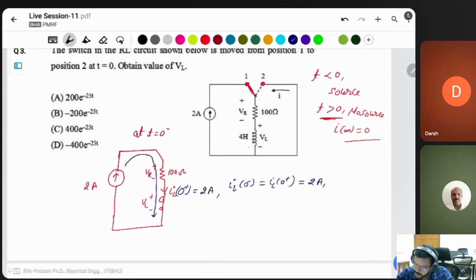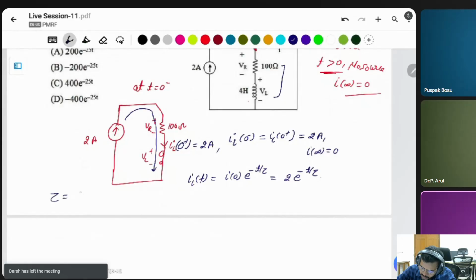Initial current is there, and final current is 0 because there is no source. Then if the final current is 0, simply apply initial current times e to the power of minus t by tau, which is 2 ampere e to the power of minus t by tau. What is tau? There are only two components, inductor and resistor.